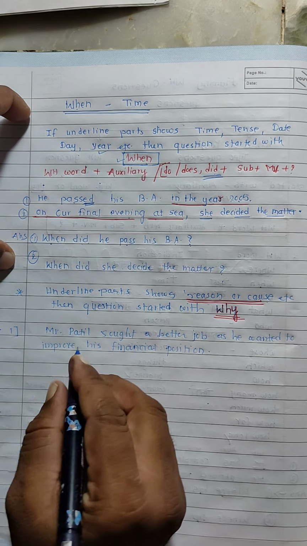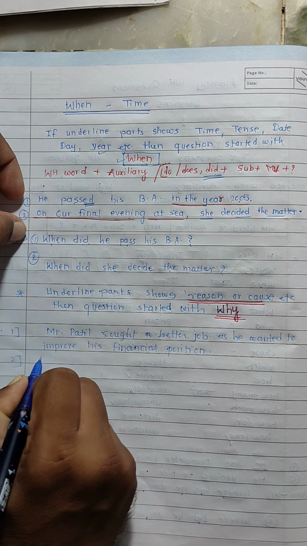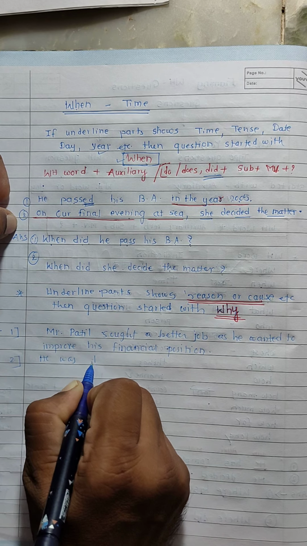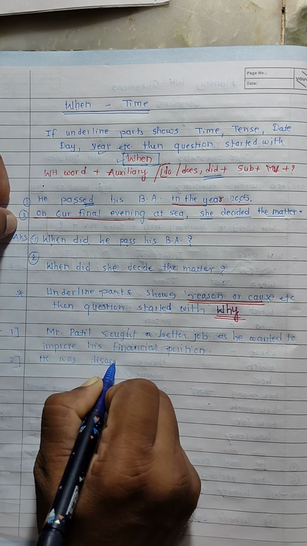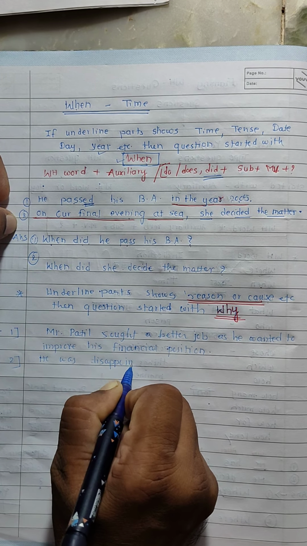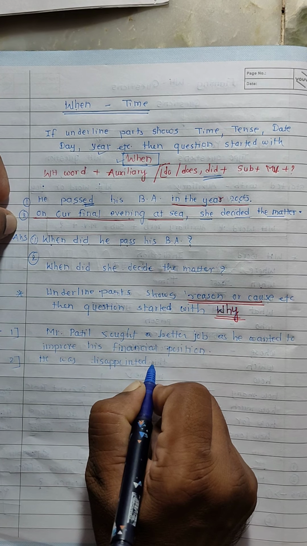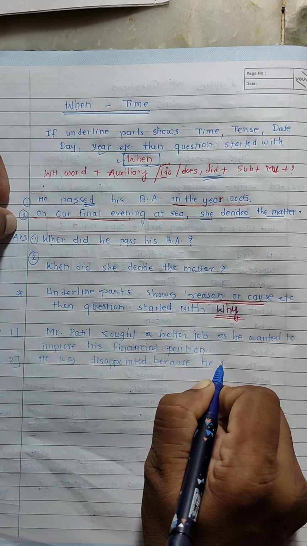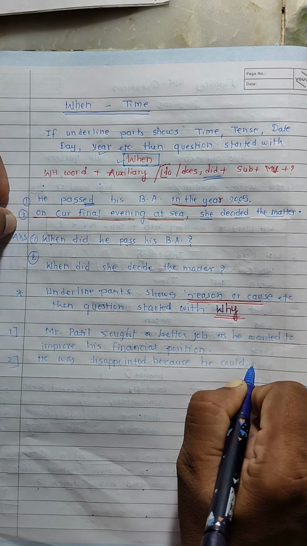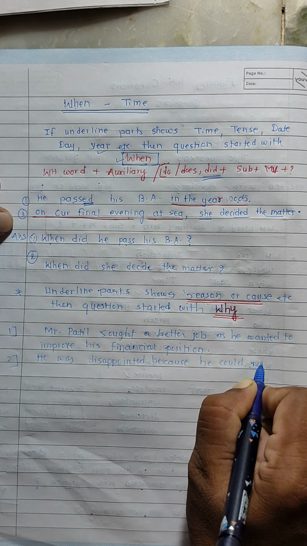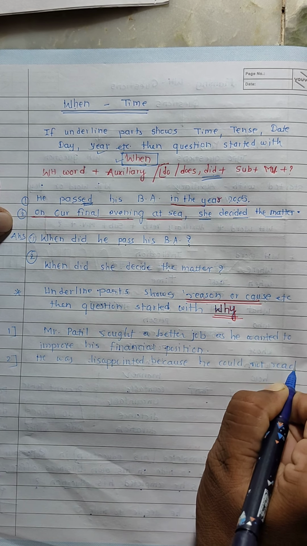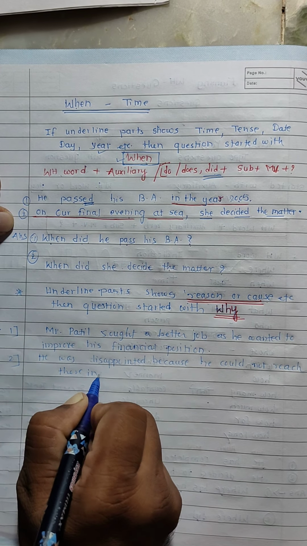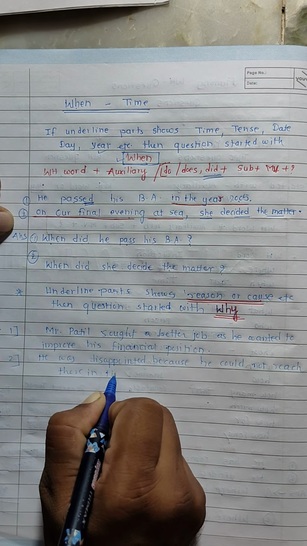And another sentence we take here as an example. He was disappointed because he could not reach there in time.